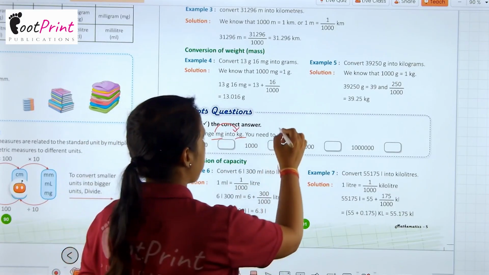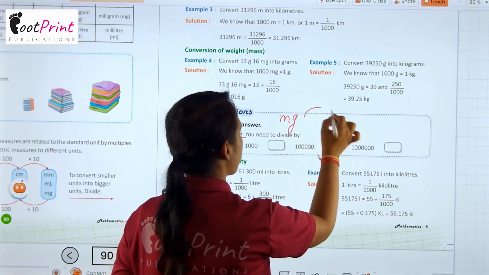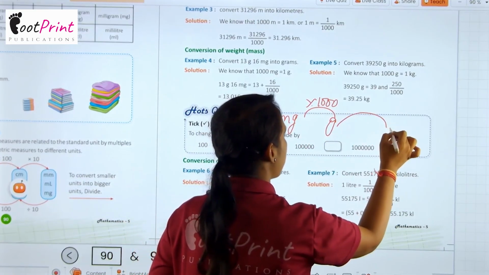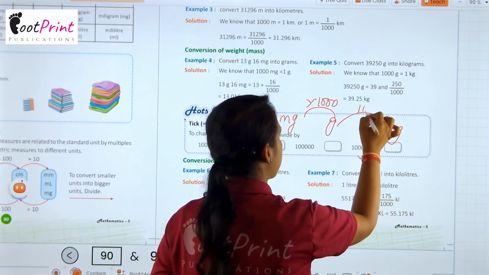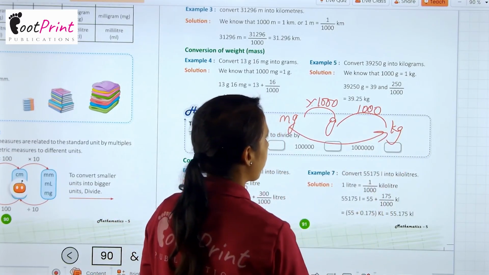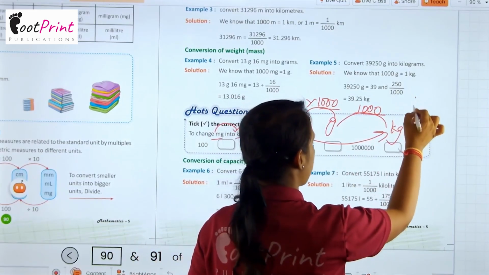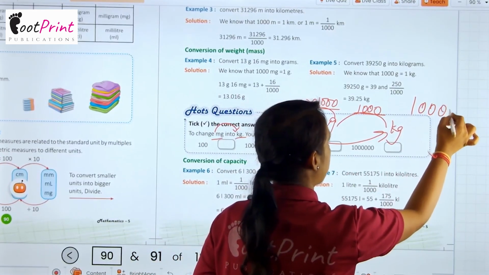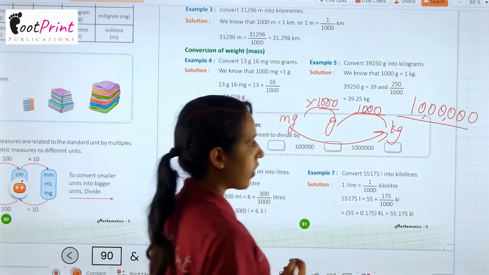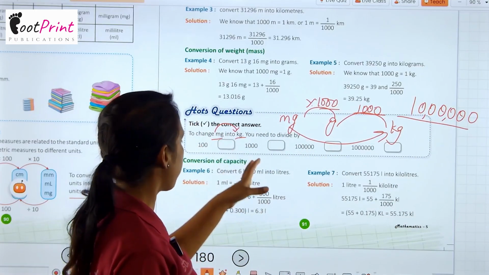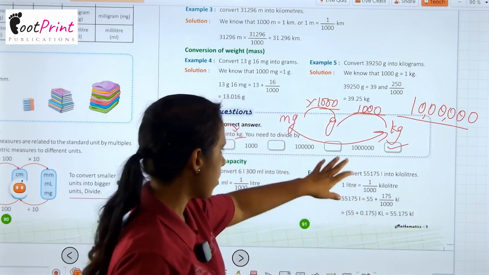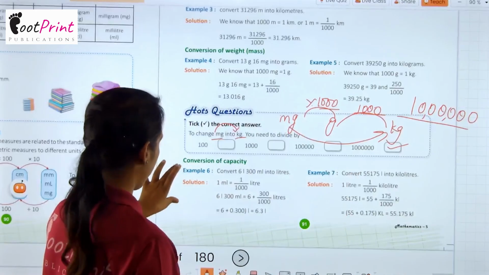If we convert milligram to gram, we divide by 1000, and gram to kilogram we divide by 1000, and if we directly convert milligram to kilogram, here we have 6 zeros, so we can say this number, or we can say 10 lakh. So we will divide it by 10 lakh, 6 zeros. C option is correct. Okay.